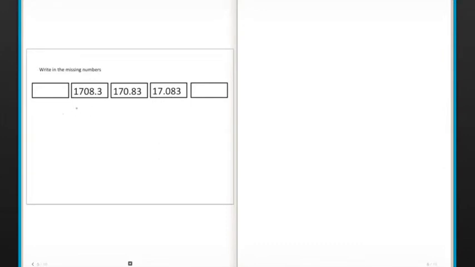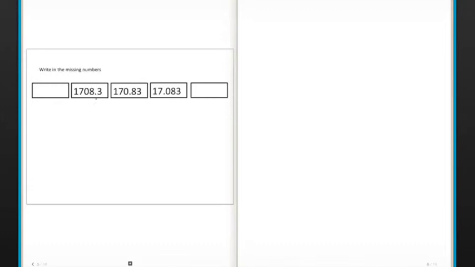Now what's the same in all of these is the digits. They're not changing, are they? 17083, 17083, 17083. What is changing is the decimal point. So when I'm looking for the pattern, I only need to think about the decimal point. The numbers will always stay the same.